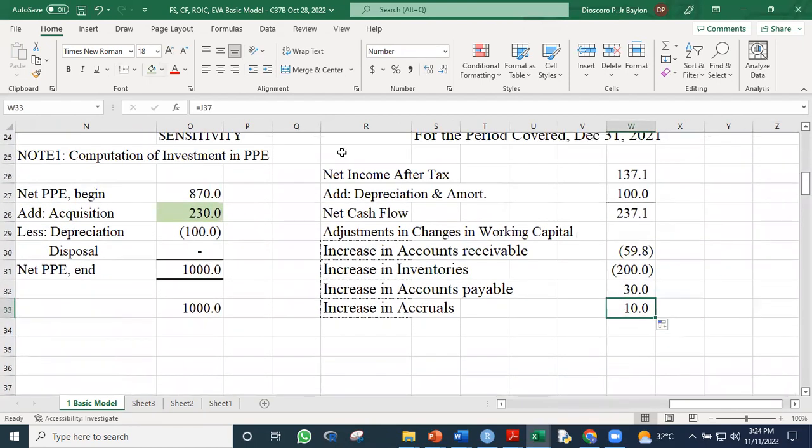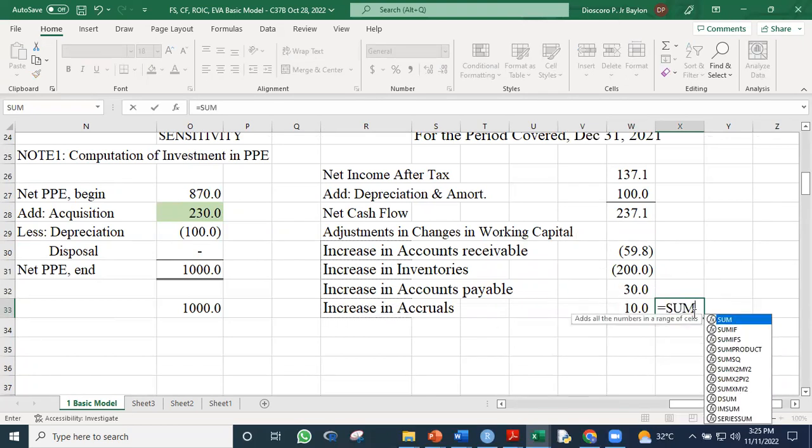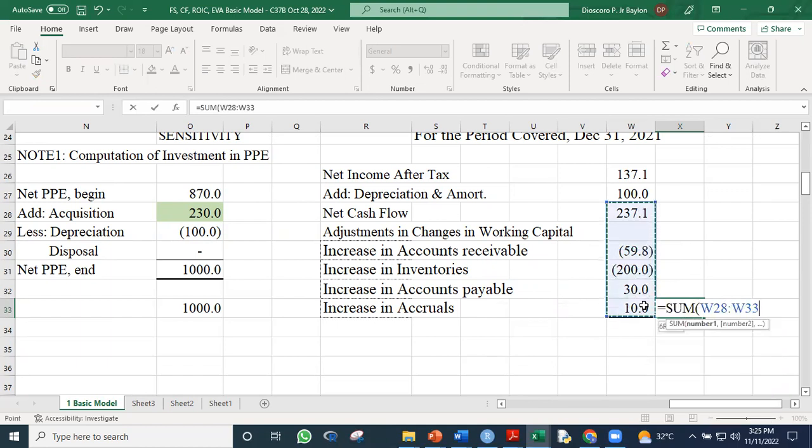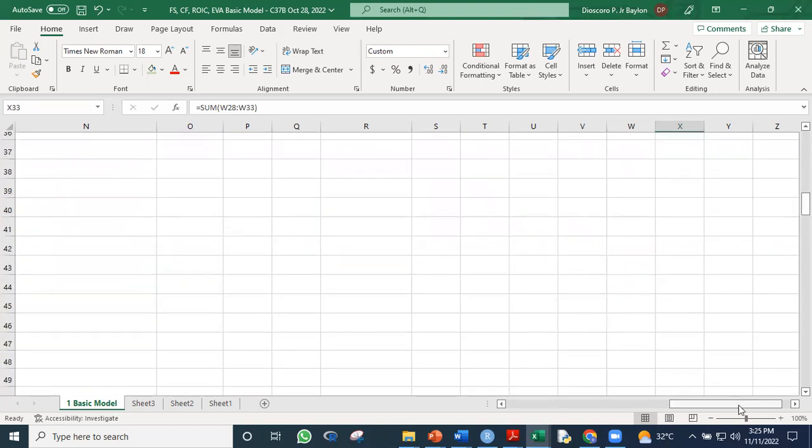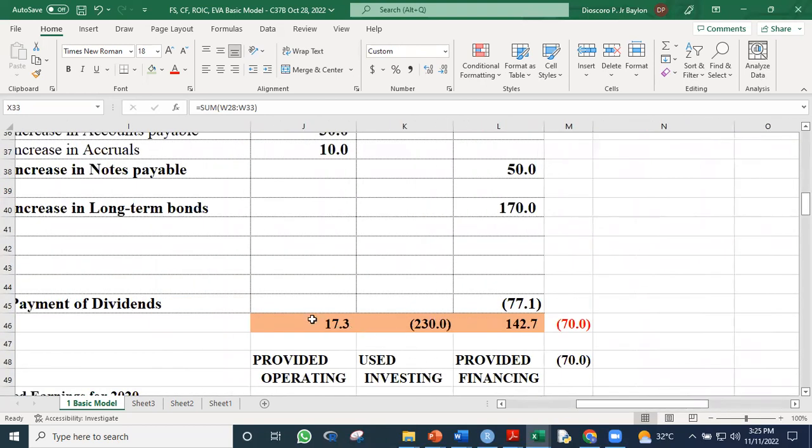And then I put here an underline. And then I can now add this, the net cash flow, plus the changes in the working capital. Okay, we can sum everything. Sum the net cash flow and then the changes in working capital. Okay, and this is 17.3. And that's the one in the operating activities class, 17.3.